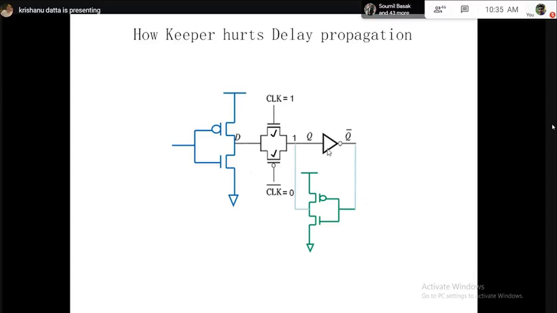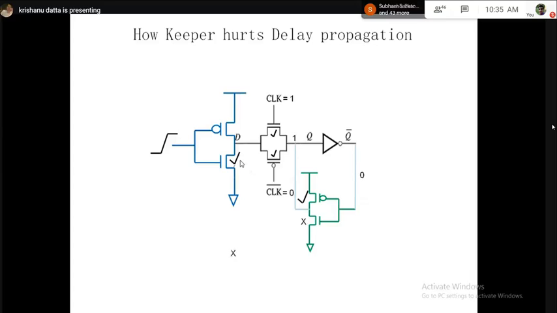Now we made the transmission gate on. Let's see what happens. Same thing: Q bar is 0, PMOS is on, NMOS is off, exactly like the previous example. The only difference is that now I have made the transmission gate on because I want input data to propagate to the output. Let's say I apply an input transition from 0 to 1.